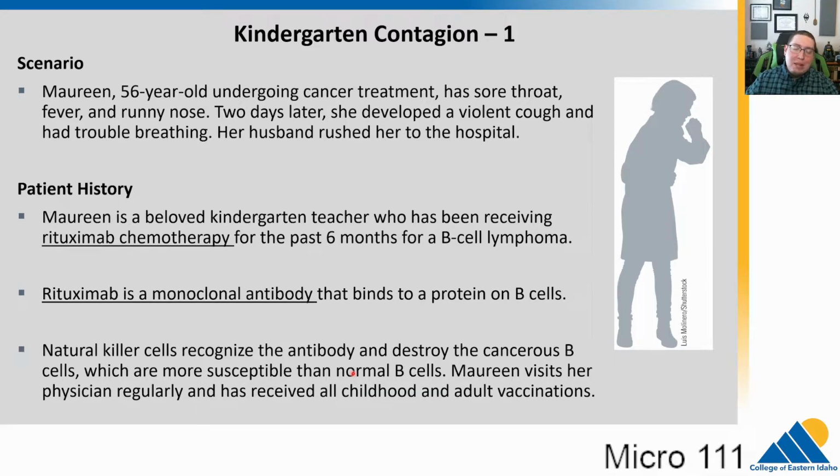But that means she is slightly immune compromised because obviously, as we know, the B cells are important in making antibodies. She's been visiting a physician regularly. She has all her childhood vaccinations and adult vaccinations. So hopefully she should be covered.